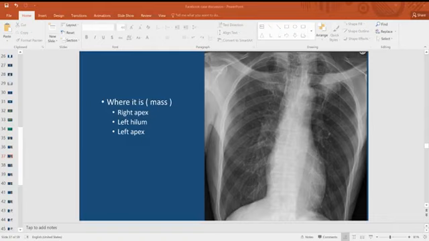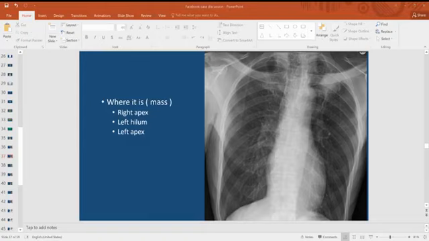The answer is the left apex. The mass is in the left apex, as we see here.